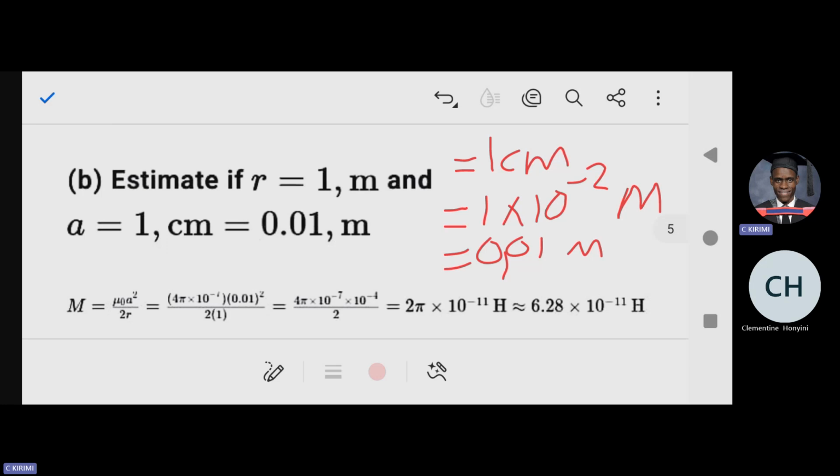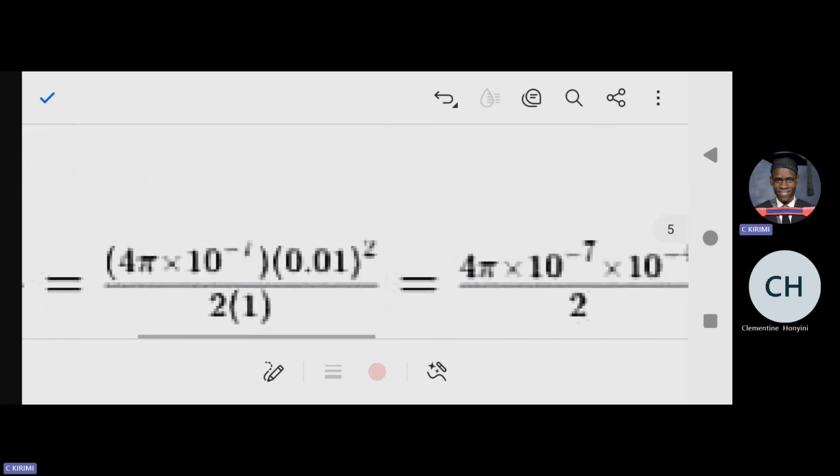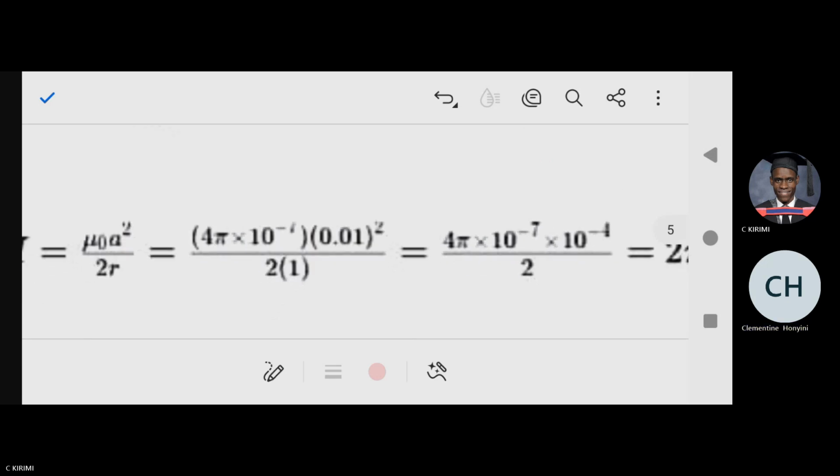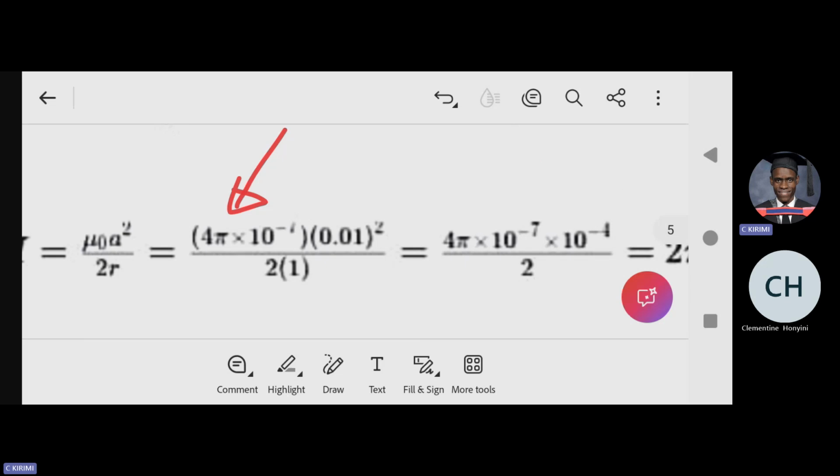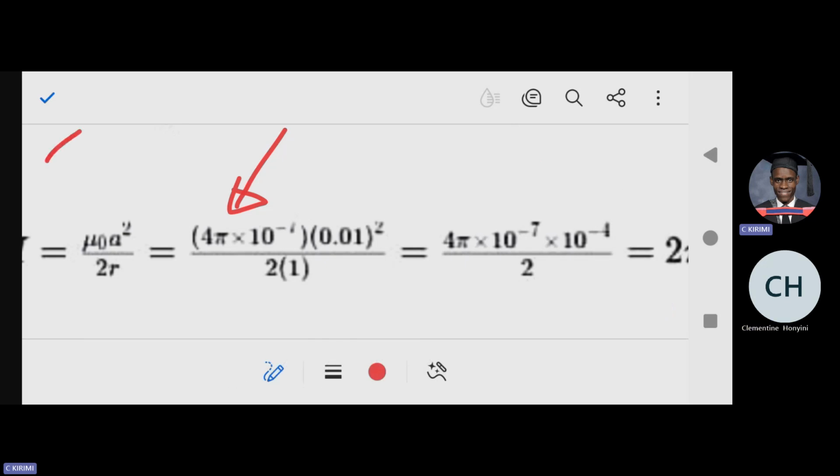Mu naught is a constant, just like epsilon naught, it has a value. We are not given those values here, but in an exam you'll be given them. Values like these you don't memorize, especially epsilon naught.